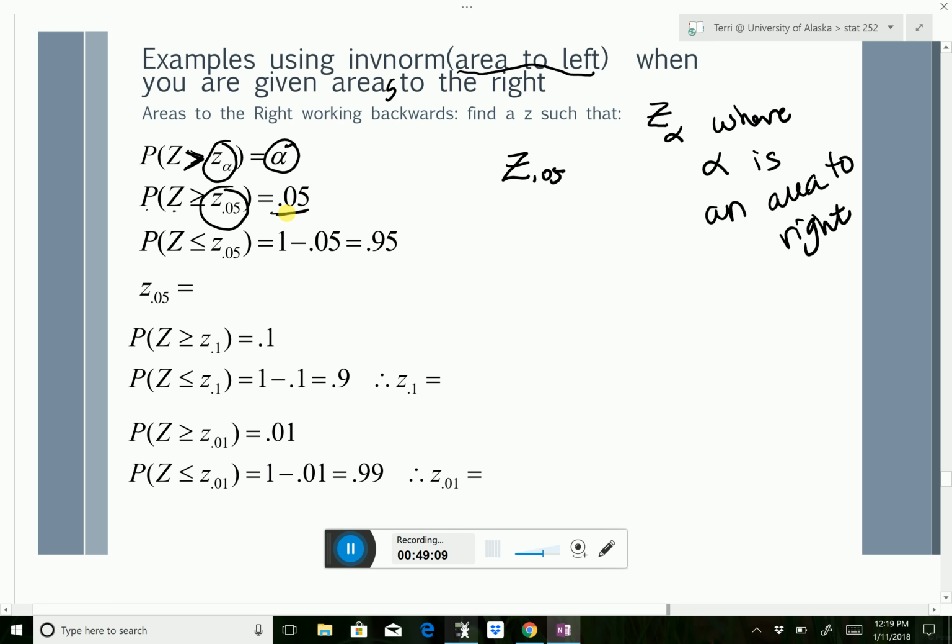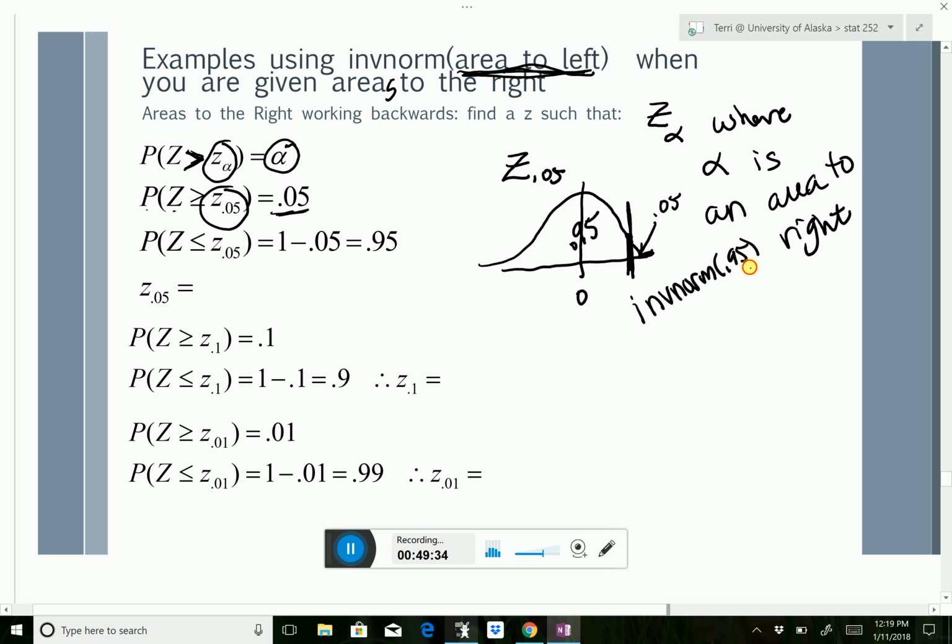However, remember, inverse norm assumes an area to the left. So we want an area to the right of being only 0.05. So if this area to the right is 0.05, then what's the area to the left of this thing? The whole thing's 1. So this has to be 0.95. So I can put an inverse norm of 0.95.